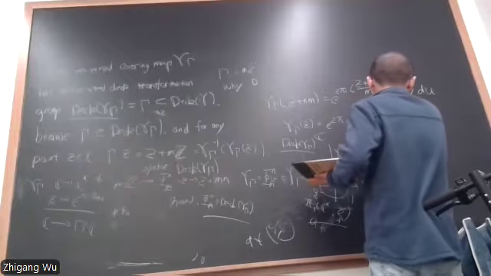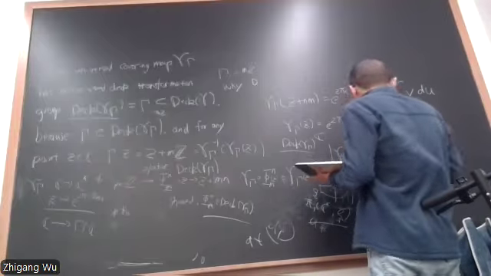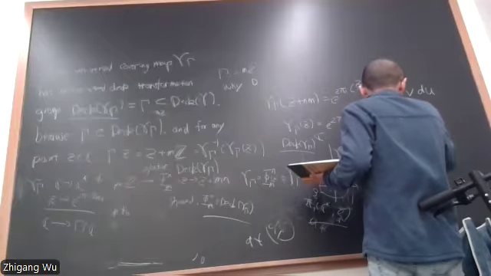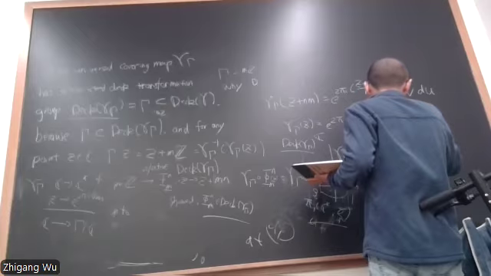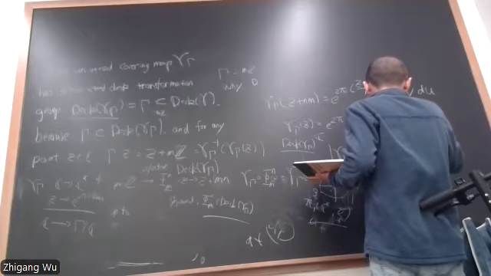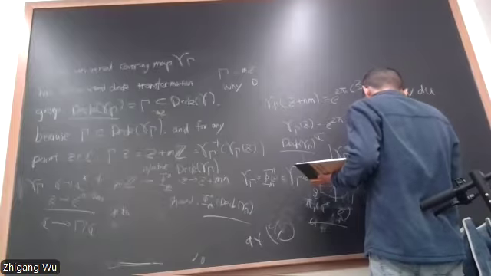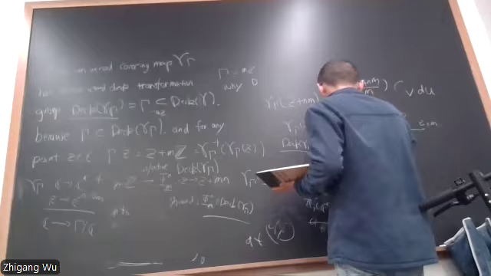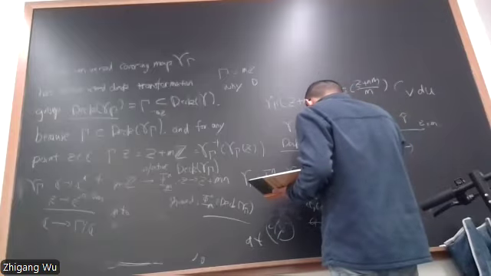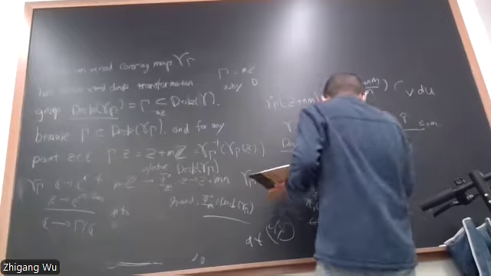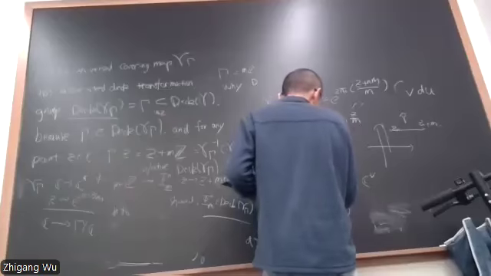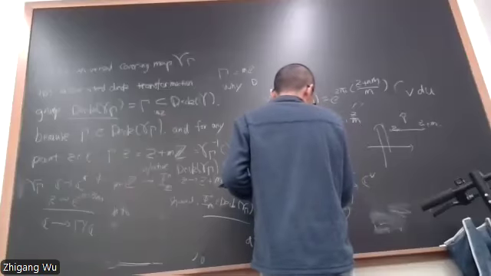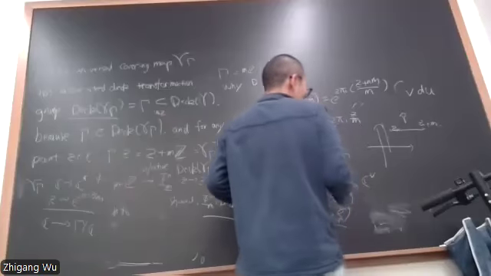Okay. So you specify the point at the node, and then that will give you a map. So that corresponds to an element of part one. Okay.